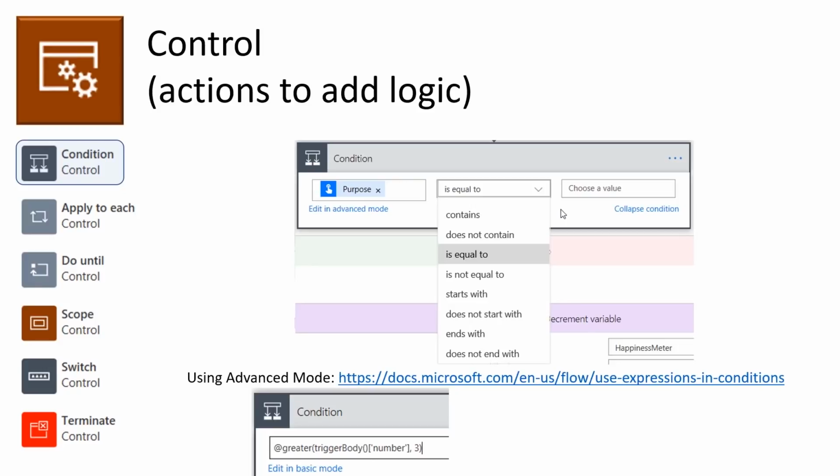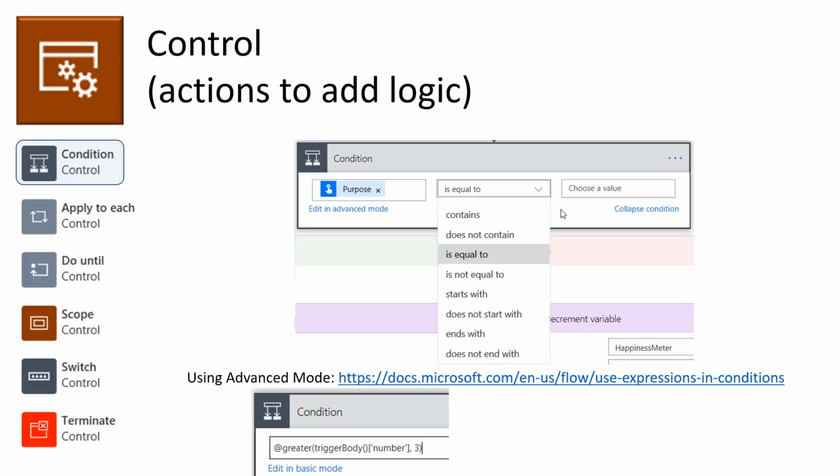And you'll find that when you go to add an action in Flow, this is at the top of the list of sort of popular actions so that it's still easy to get to. You don't have to go to control and then condition. But basically a condition lets you test something to be true or false.